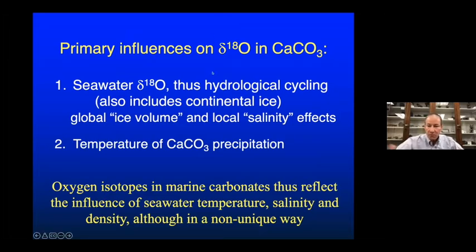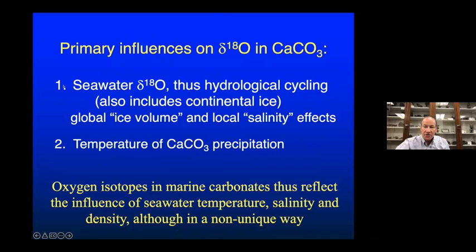Remember, there was only one influence on delta O18 in water. That was the hydrologic cycle. The primary influences on delta O18 in calcium carbonate are two. One is whatever the water delta O18 is that's driven by this hydrologic cycle, whatever that is, that's the starting point.